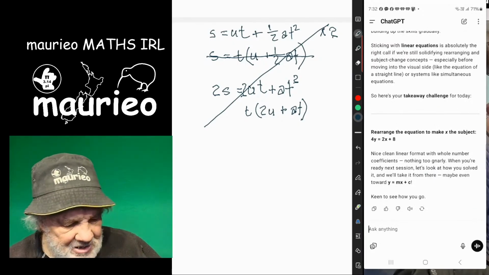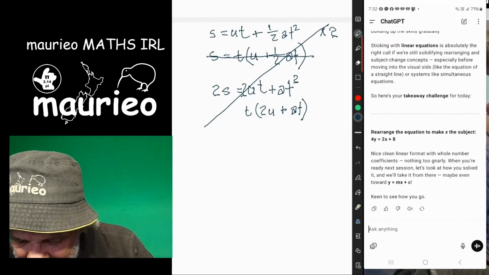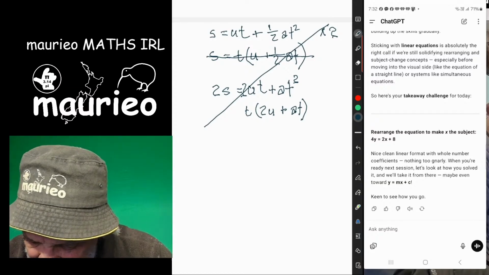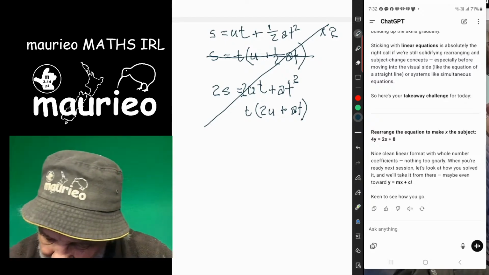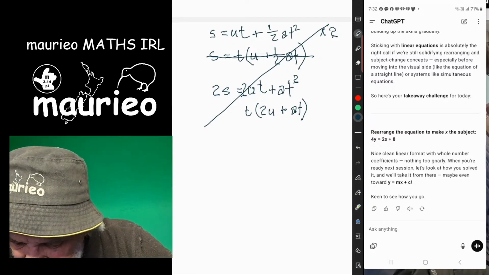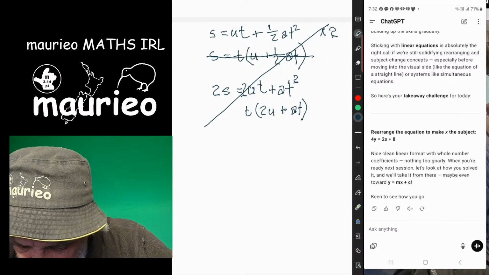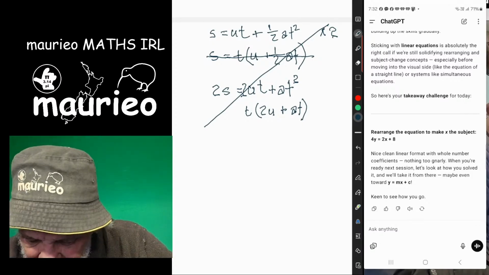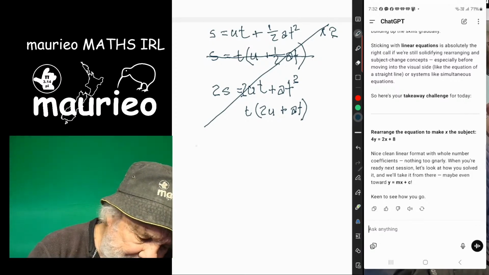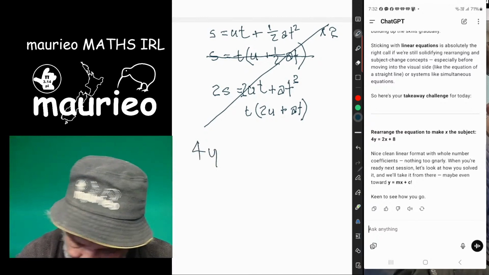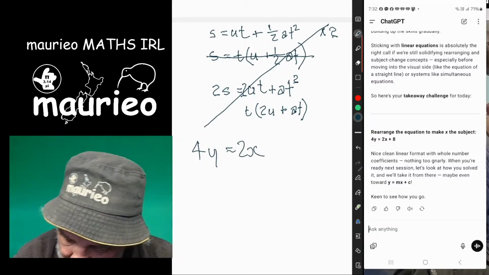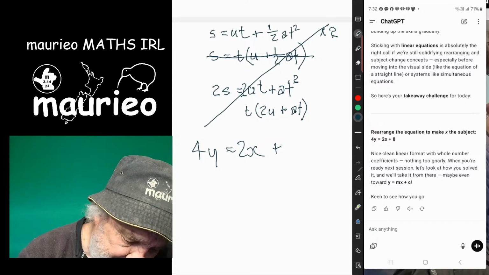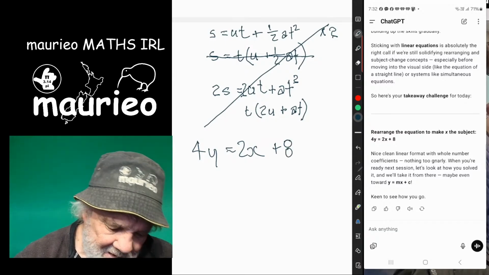Okay, so here's our takeaway challenge. Make X the subject of that one. Okay, so yeah, we've got that one there. Make X the subject of that equation there. 4y equals 2x plus 8.